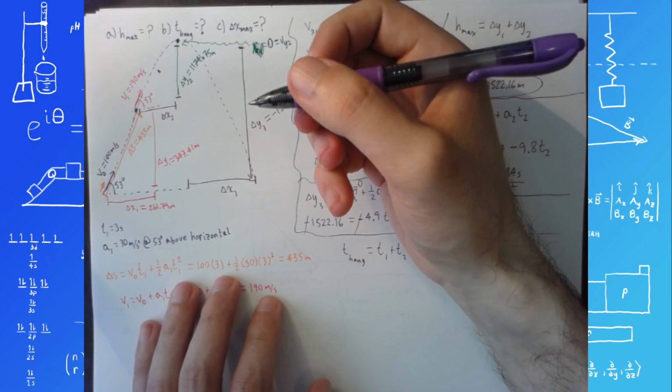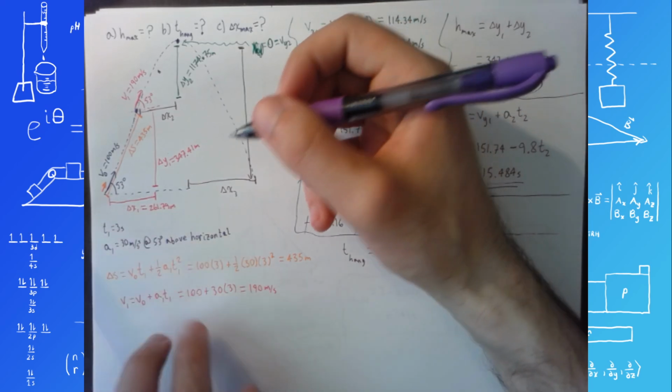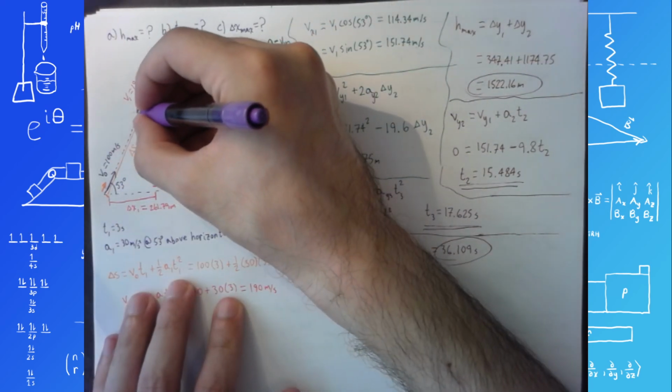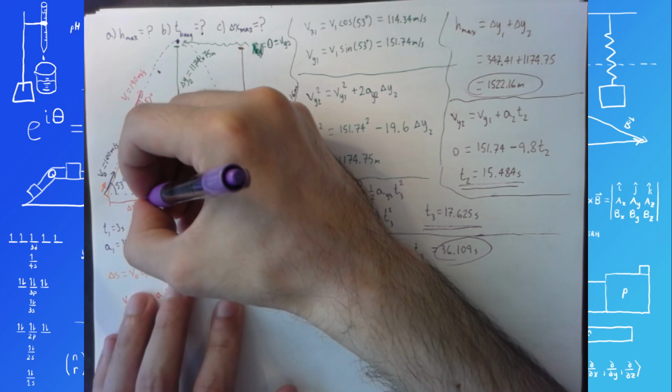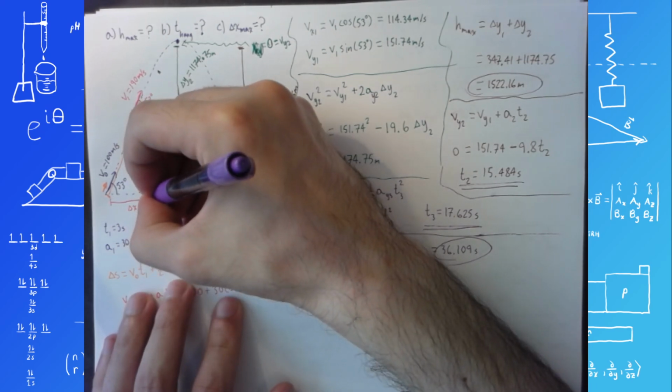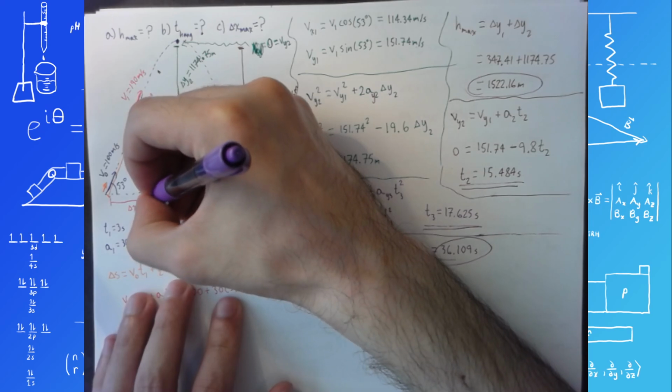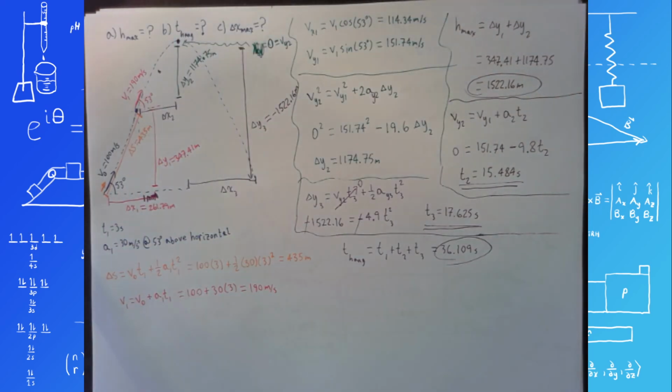Something seems off, oh, I drew the delta x1 too wide. Delta x1 should have stopped over here. Sorry if I confused anybody with that.